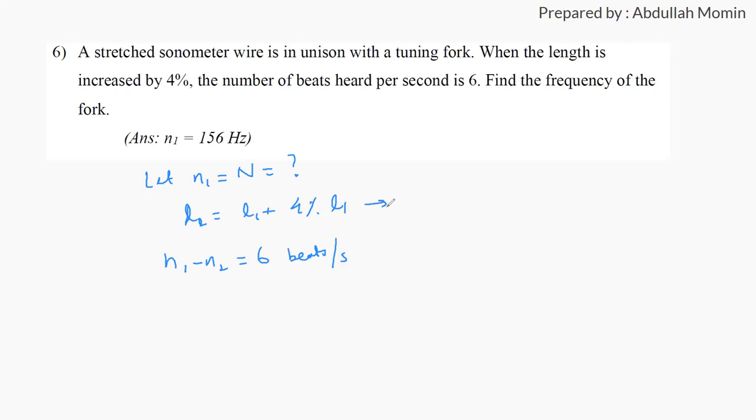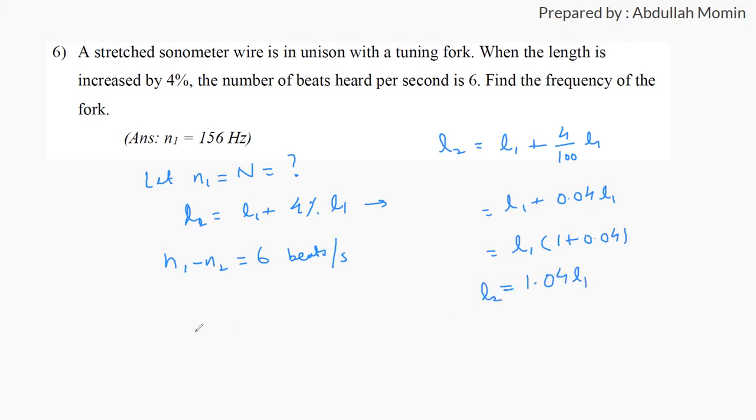So L2 can be calculated as L2 is equal to L1 plus 4 divided by 100 L1. So L1 plus 0.04 L1. So L1 will get common, 1.04 L1, that is L2. So we have the equation n is inversely proportional to L. This is the law of length.